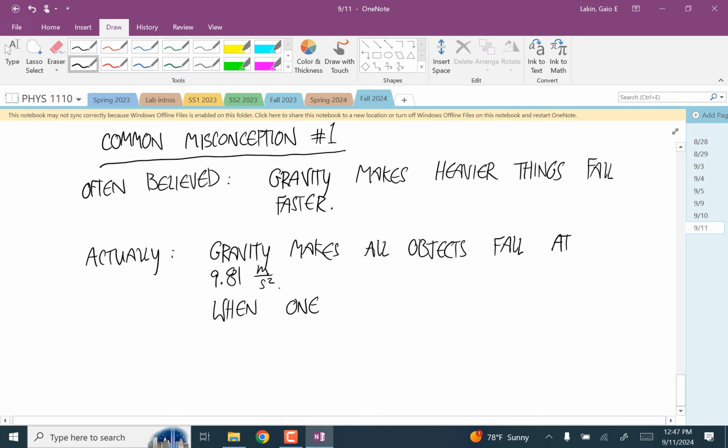When one object does fall faster than another, it's only because of air resistance.